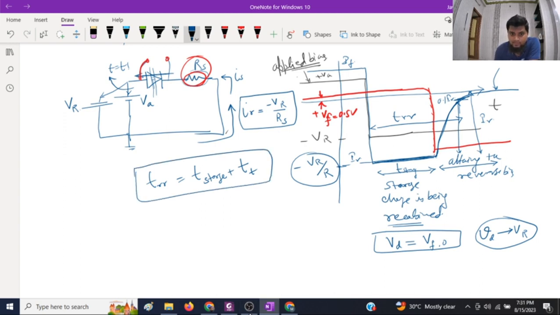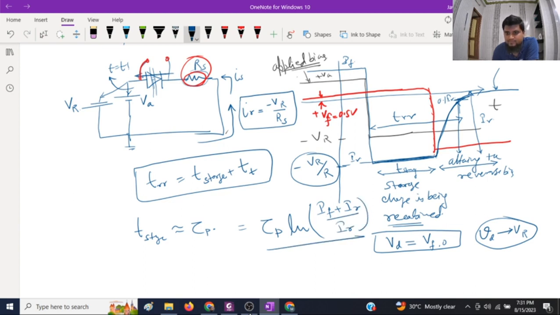Okay, now this storage time is approximately equal to tau p. In fact, it is equal to tau p ln (1 + IF/IR). So that depends on what is the reverse voltage you have applied and what is the series resistance.